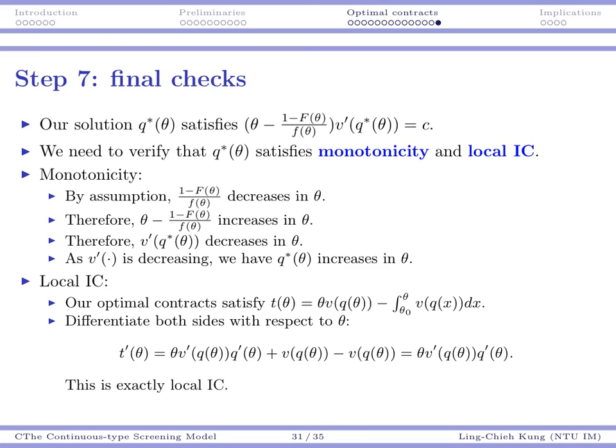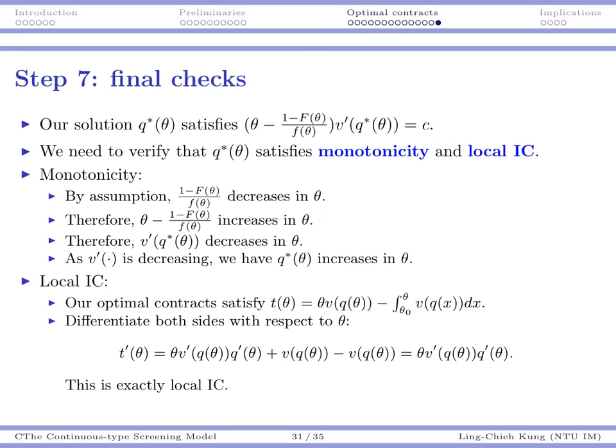So if that's the case, then let's focus on this equality. By assumption, this ratio is decreasing in theta. Okay, we assumed that for theta, the hazard rate is increasing. So this ratio would decrease. And then theta minus the reciprocal of hazard rate would increase. So this part is increasing. The right hand side is constant.